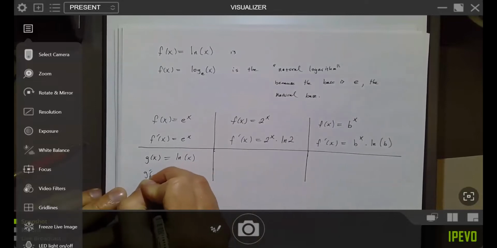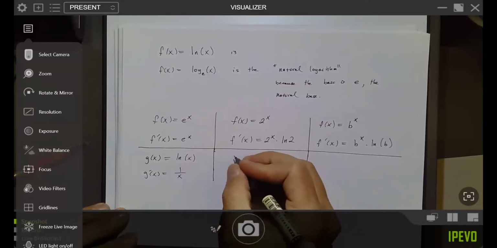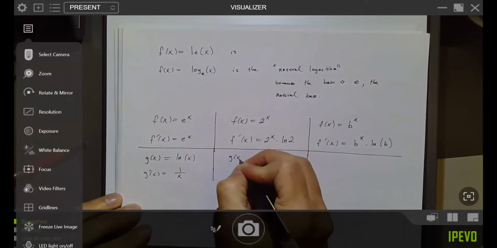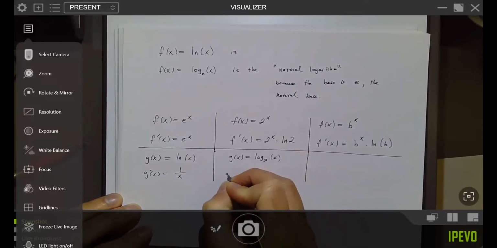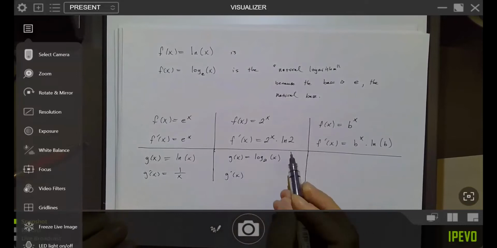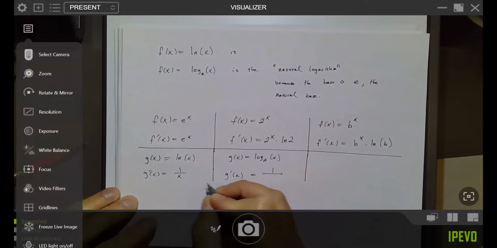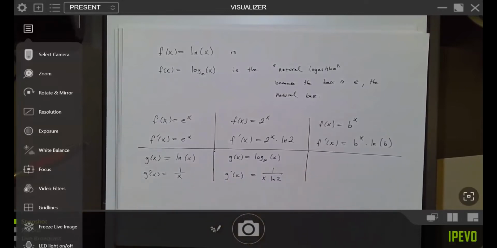The derivative here is 1 over x, which you haven't seen yet. We will definitely talk about it, but we don't have time to really talk about it now. So I'm just trying to give you the short, quick version of it. And then if your base was something else, so if your function was log base 2 of x, instead of multiplying by natural log of 2, you end up getting the same thing as before, but now you're also dividing by an additional natural log of 2.